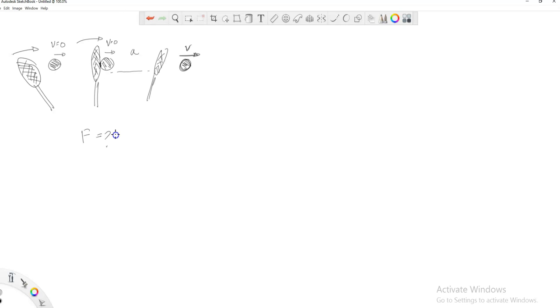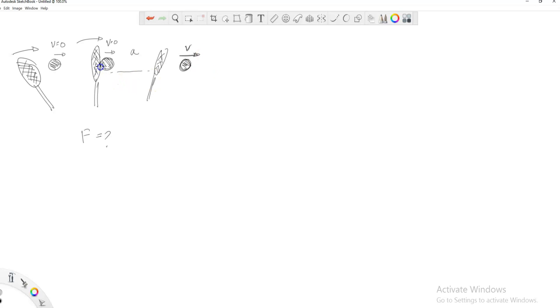One way to do this is, if we can calculate the acceleration of the ball during this contact time. It accelerates only during the contact period. It's like a couple of milliseconds, right? After that, it's going to leave with this final velocity.